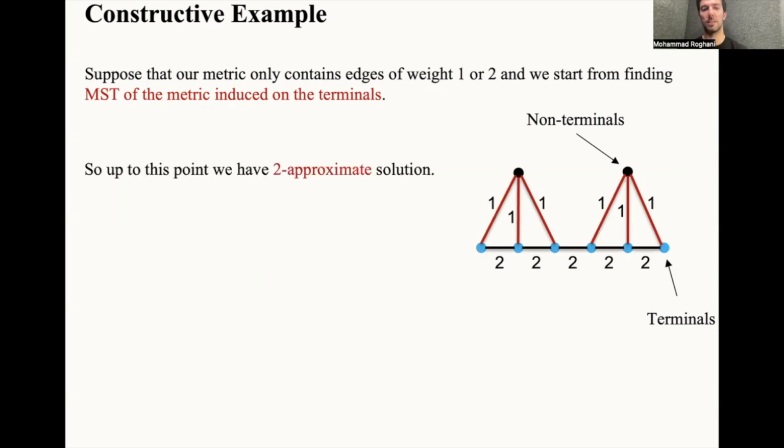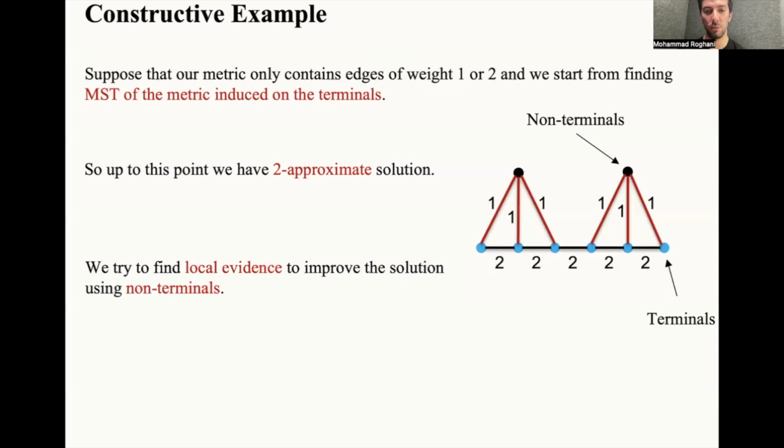As we mentioned previously, when we find the MST of the induced metric on the terminals, we have a two approximate solution. So all we need is to find local evidence to show that we can improve the solution using non-terminal vertices.